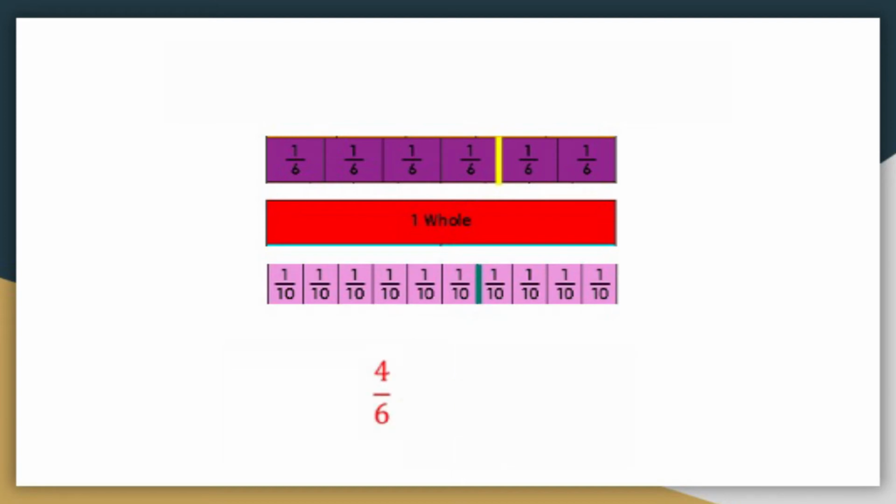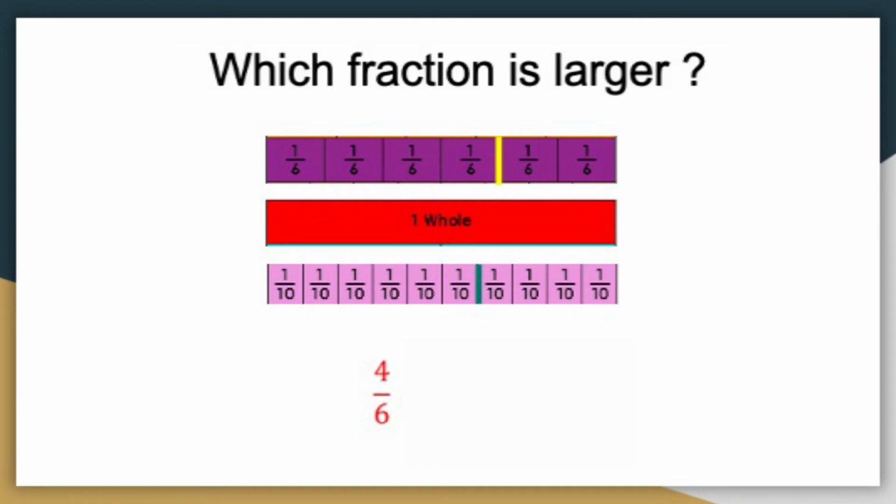What about the fraction family of 6? Similarly, 4/6 is greater than but close to a half when comparing the 6th bars with half bars. Now, I want you to tell me which one of the fractions is larger, 4/6 or 6/10. Let's compare them using our fraction bars.